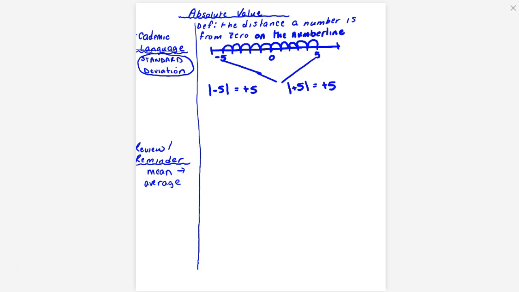So let's practice solving absolute value equations.